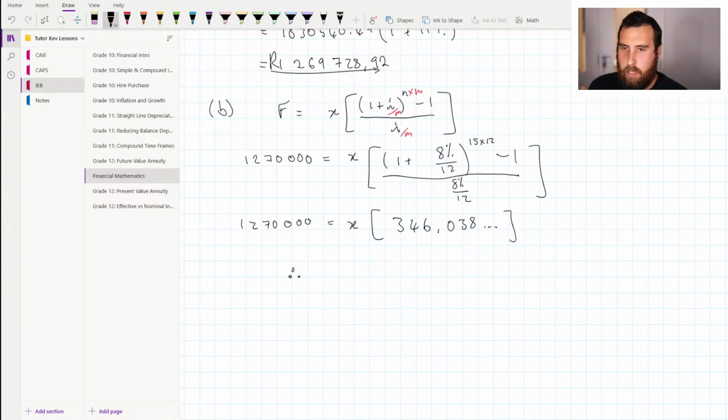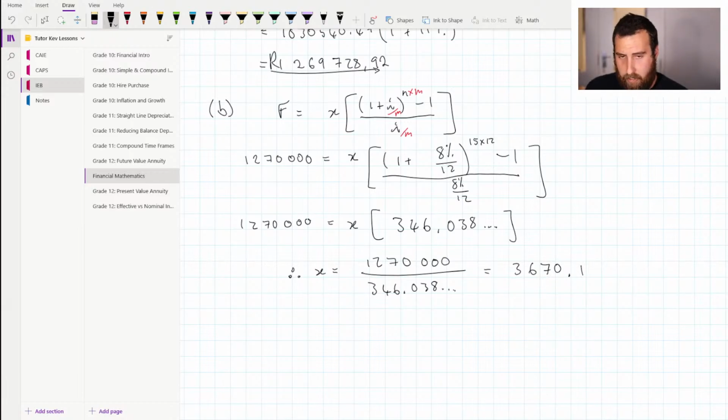So therefore, X is equal to 1,270,000 all over 346.038, etc. And we get an answer of 3,670 Rand and 11 cents per month.